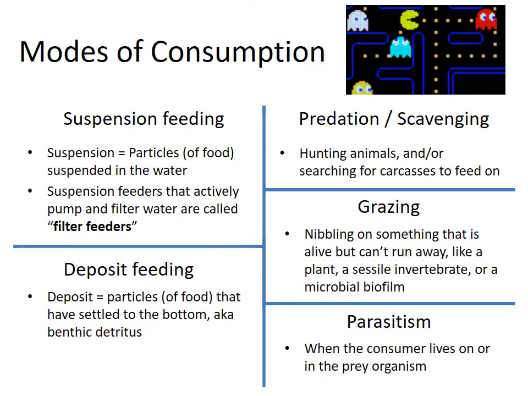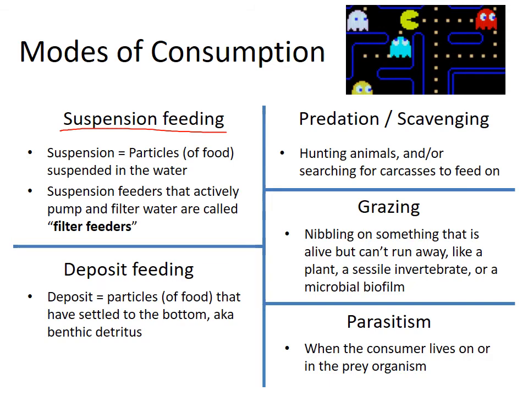Right, there are different ways to eat, the different modes of consumption. So suspension feeding is where you're feeding on particles that are suspended in the water. Because water is a dense medium, things can float or drift in the water, and there can be a lot of bits of food suspended in the water, and suspension feeders capture that suspended food to eat.